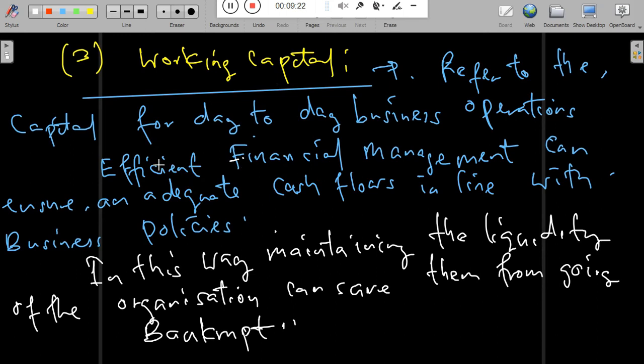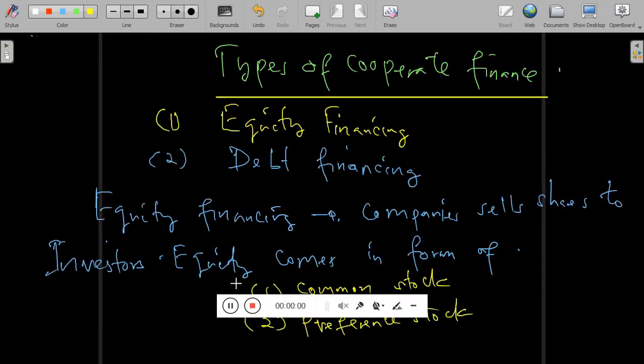In this way, maintaining the liquidity of the organization can save the company from going bankrupt.